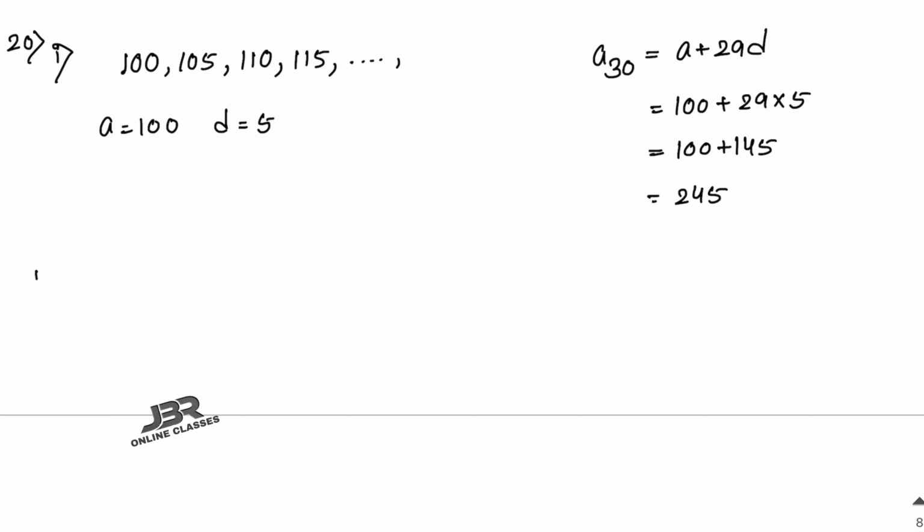Now next one, part 2. A person was drawing a monthly salary of 25,000 in the 11th year of service, and a salary of 29,000 in the 19th year.